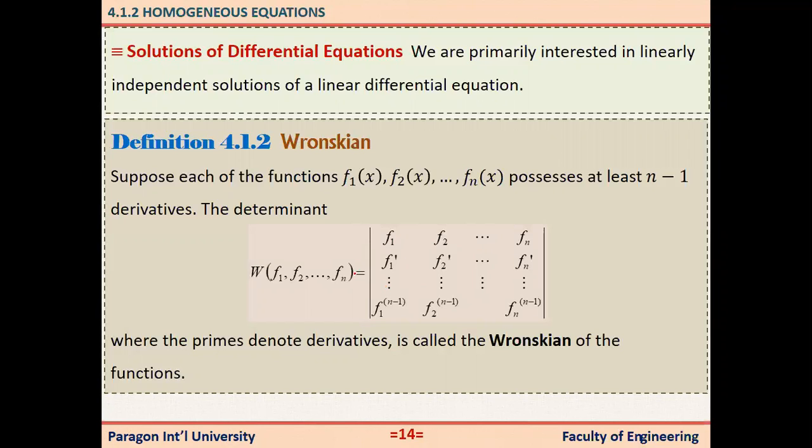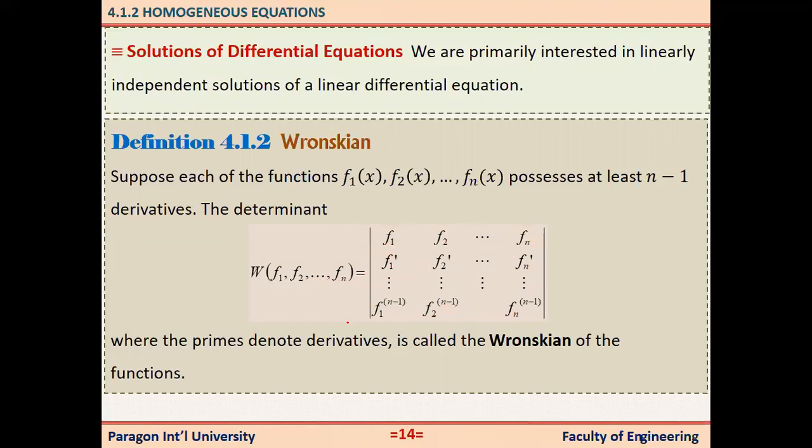One way to determine this: if you are given f1, f2, ..., fn that possess at least n minus 1 derivatives, that means that at least n minus 1 times we can differentiate these functions. Then the determinant has in the first row f1, f2, ..., fn. In the second row we have the first order derivatives of these functions, and in the nth row the n minus 1 order derivatives of these functions.